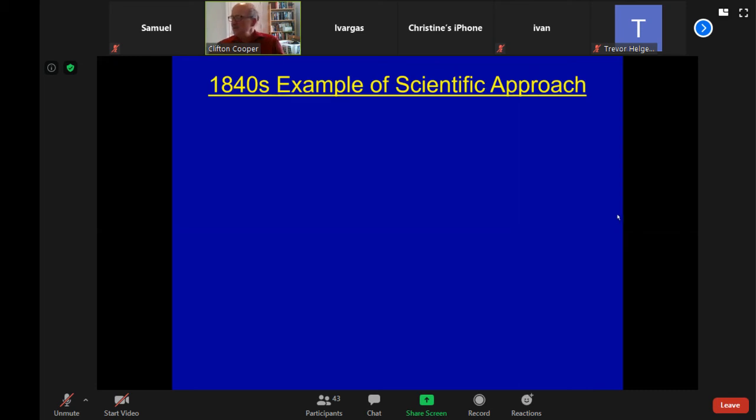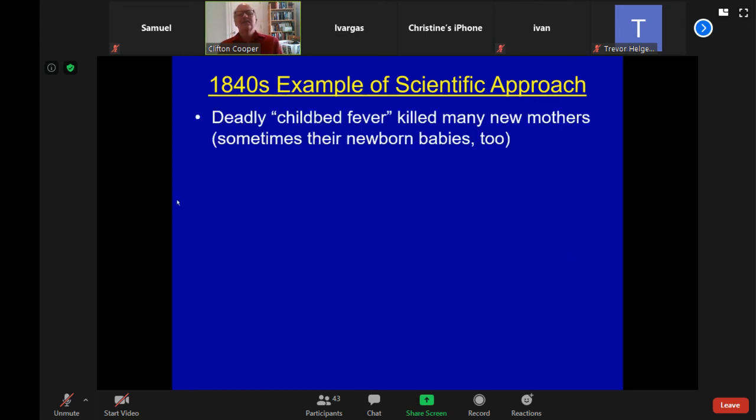Let me show you something else, and this is kind of a horror story, but it's instructive because this helps us get to the modern germ theory of disease. You go back into the 1840s, we had lots of cases where in Europe mothers would give birth in a hospital, and they would get sick.